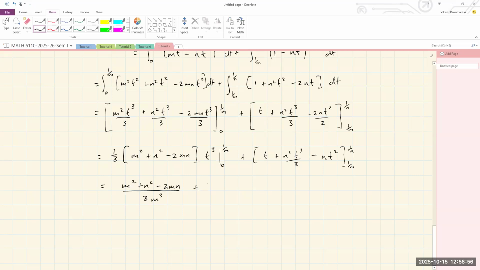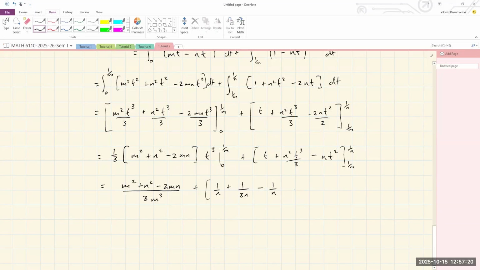Plus 1 over n. So let's see. I have 1 over n plus, so I got 1 over n cubed times n squared is 1 over n, so this is 1 over 3n, minus, and I got 1 over n squared times n is 1 over n.